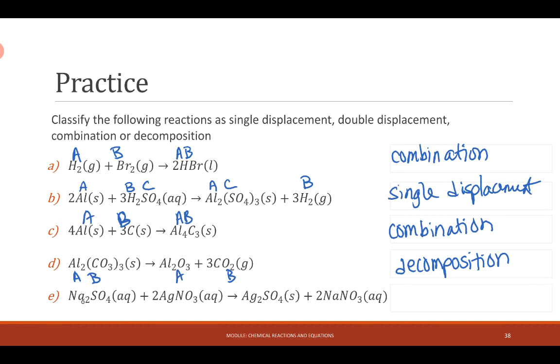And now I have A, B, C, D. So this is going to be a double displacement, because that's the only pattern we learned about that starts with 4 different letters. And so we have, this is C bonded to B, and that was A bonded to D. That concludes our tutorial on simple reaction patterns.